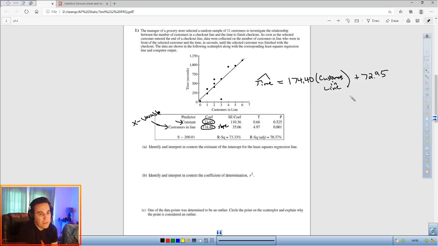That would have been the linear regression line on this problem. Remember, don't forget the predicted and put your variables in words, not x and y. Otherwise, you have to describe what x and y are, and it just takes longer.